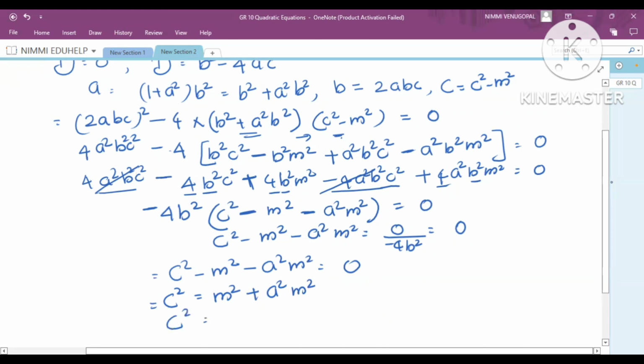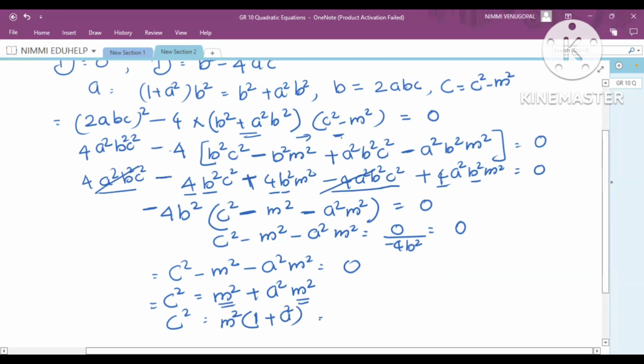If you look here, m square is common for both the terms, no? So I can take m square as a common factor outside. Then if you look at the first term, nothing is there, only coefficient 1 is there. So I will write 1 plus, m square is already outside. If you look at the second term, I have to write only a square.